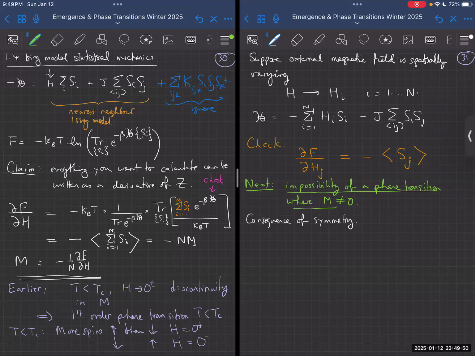So let's have a look at what happens. The question we're asking is: if I know the symmetries of the Hamiltonian, then what do they imply about the thermodynamics?